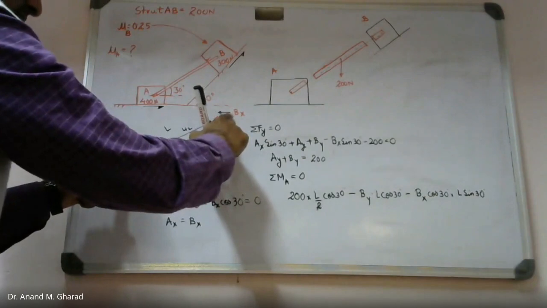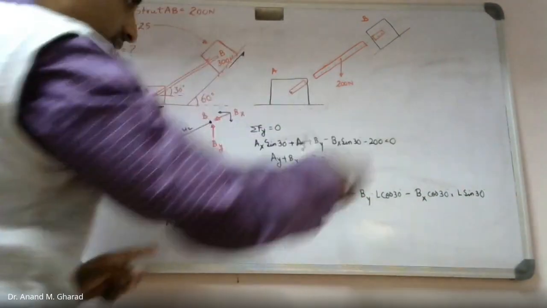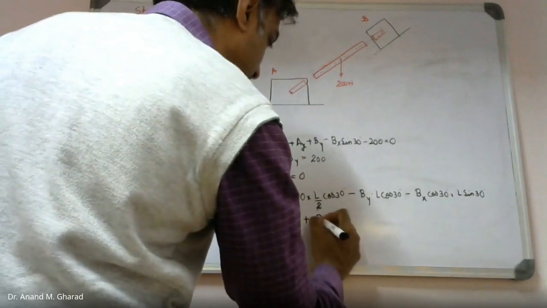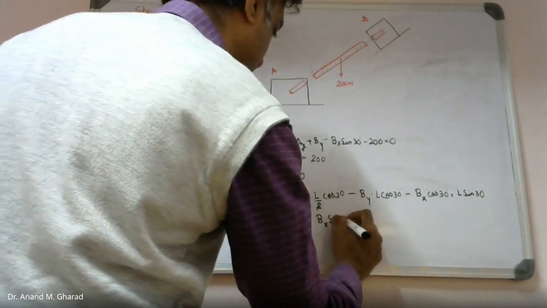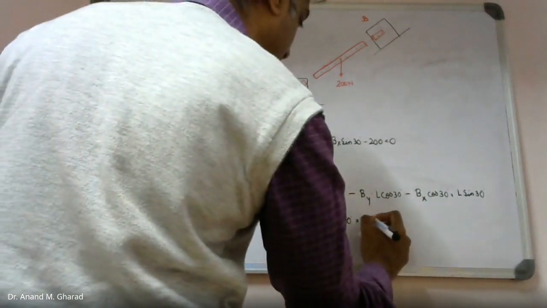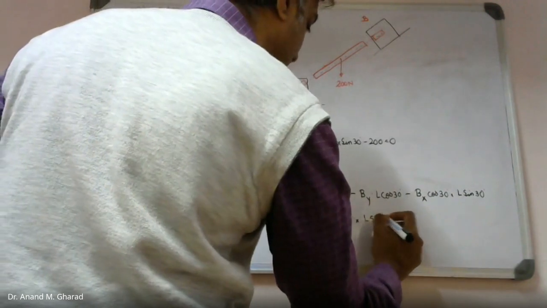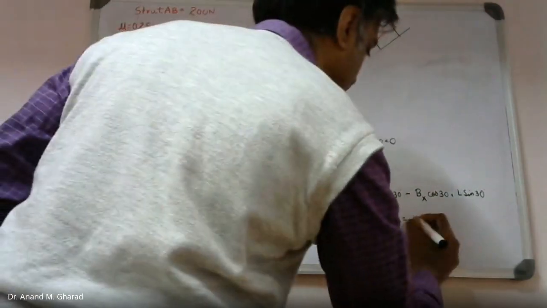One more term, that is of Bx sine component, which will be rotating in the clockwise direction. So Bx sine 30 into L sine 30. Equate this to 0.